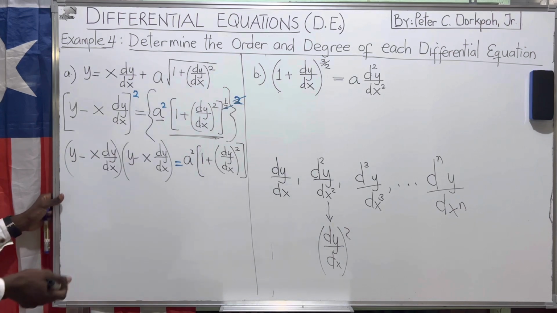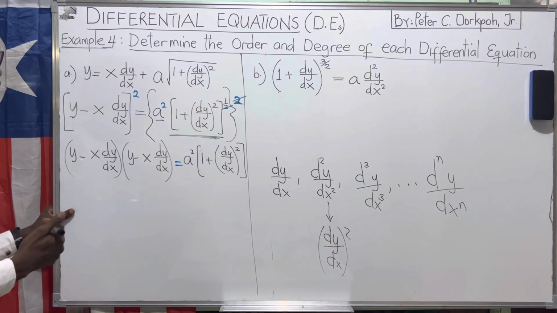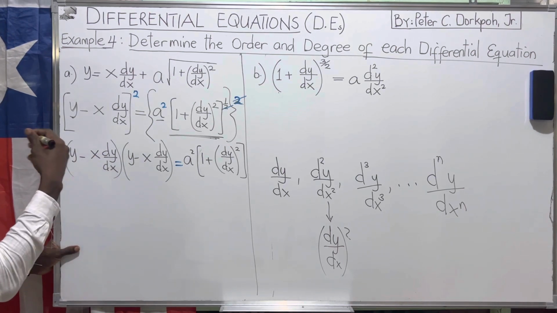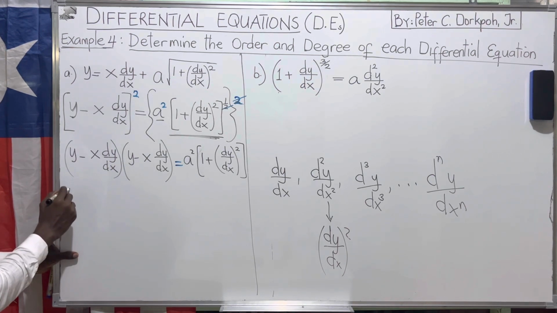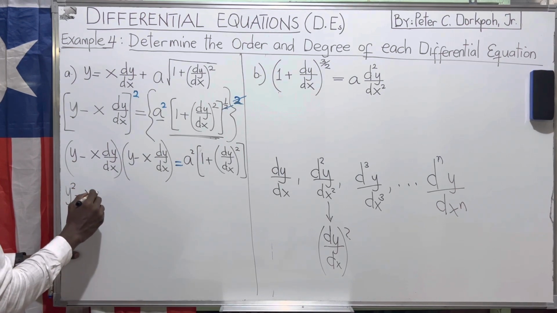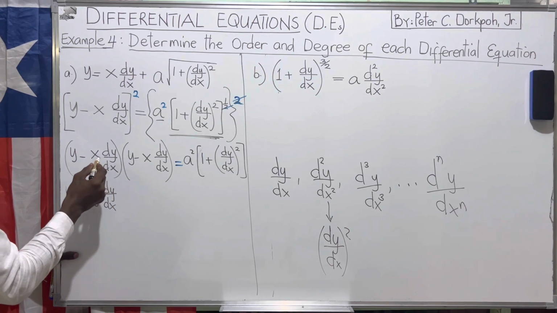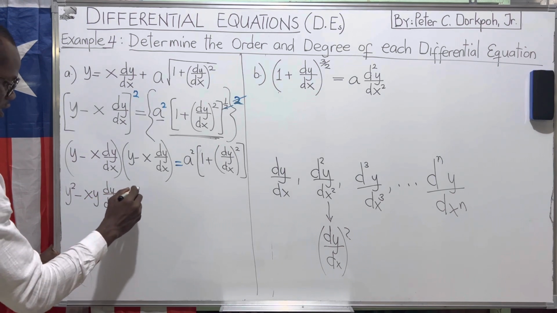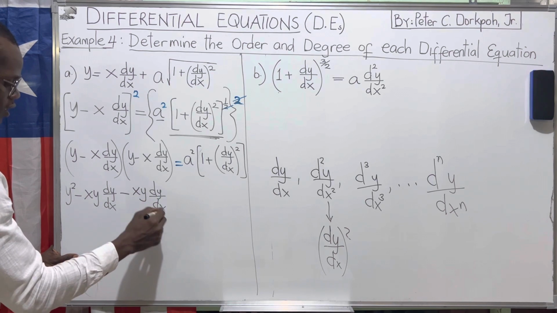We can further simplify, but even without simplifying we can identify the degree and the order. But let's further simplify so that you have some detailed understanding. y times y is y squared. y times x dy by dx is xy dy by dx. If we multiply x, y again, dy by dx, it will give us another xy dy by dx, negative.